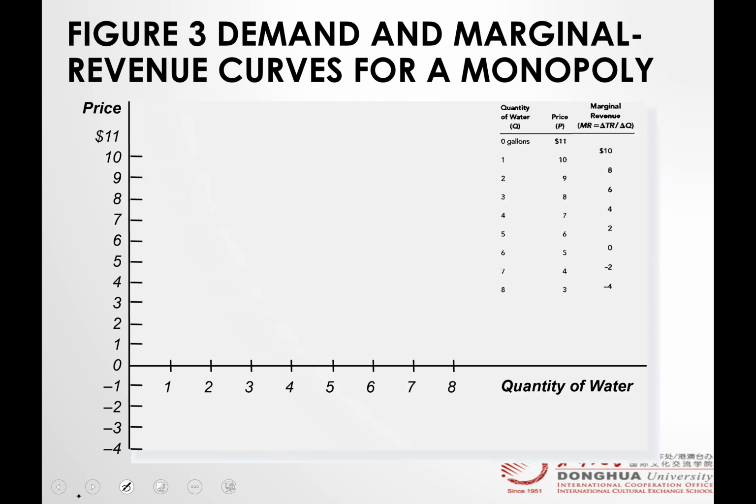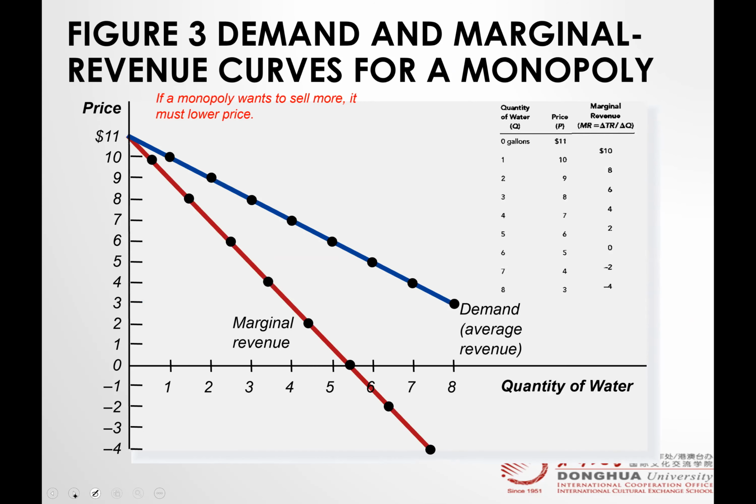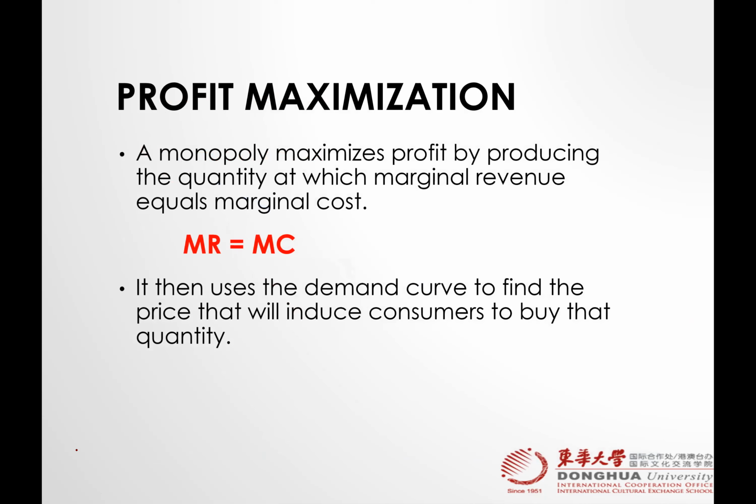Simple. So we also talked about that if we draw all these P, Q, and marginal revenue, here we go. The price line or demand line is going to be downward sloping, and then the MR is to the left side of the demand curve, and MR can be negative as well. Here we go. So we finished our quick review.